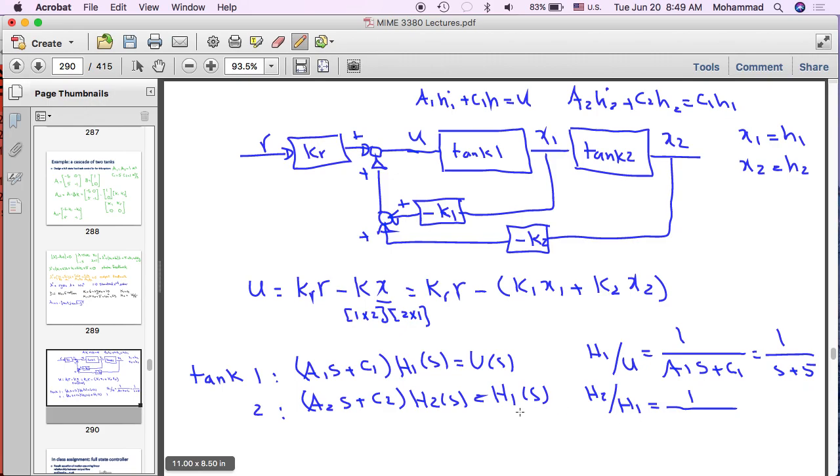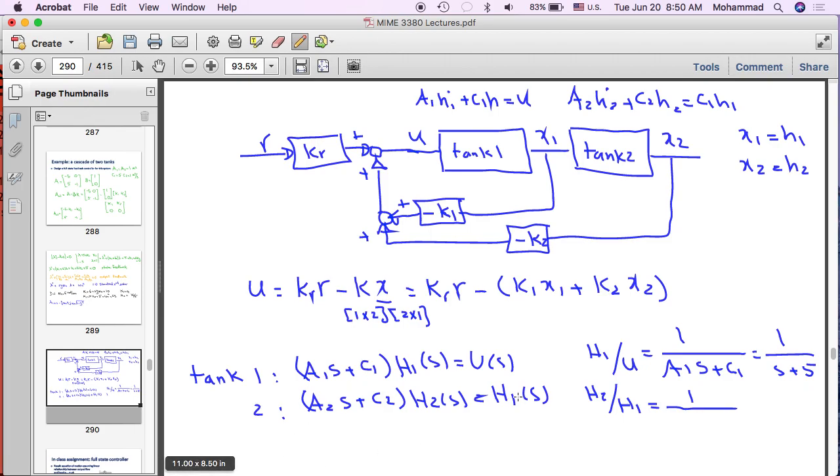Oh, I'm sorry, I forgot. What did I forget here, guys? If you look at this differential equation, if you take this into the Laplace domain, what is missing? What did I forget to write? C1 that is multiplied by H1.